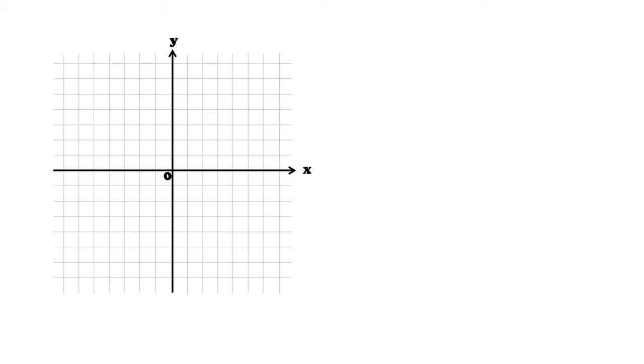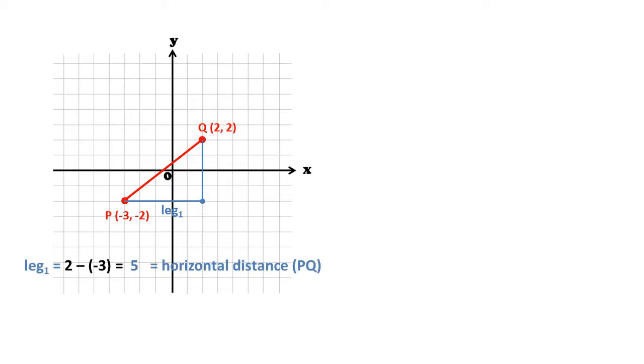When we go between the points P (-3, -2) and Q (2, 2), we make the distance between P and Q the hypotenuse of a right-angled triangle. We measure the two legs of the triangle, that is, leg 1, the difference between the x-coordinates, 2 minus -3 equals 5, and leg 2, the difference between the y-coordinates, 2 minus -2, which equals 4.